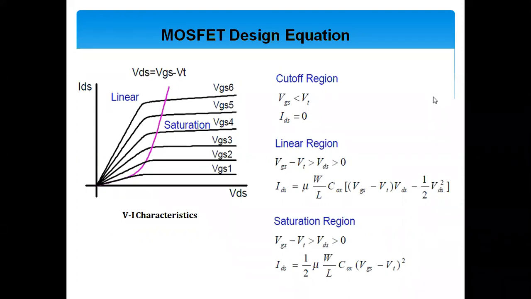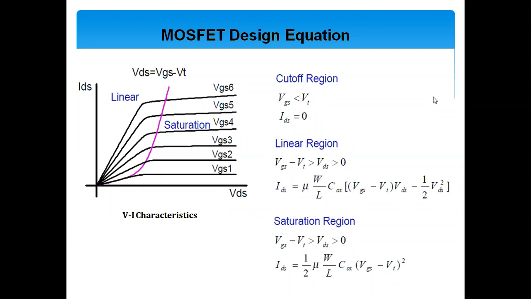With this condition, the MOSFET operates in the linear region. Now ID in this case is equal to mu W by L Cox in bracket VGS minus VT multiplied by VDS minus 1 by 2 VDS square. This is the equation for IDS in the linear region.